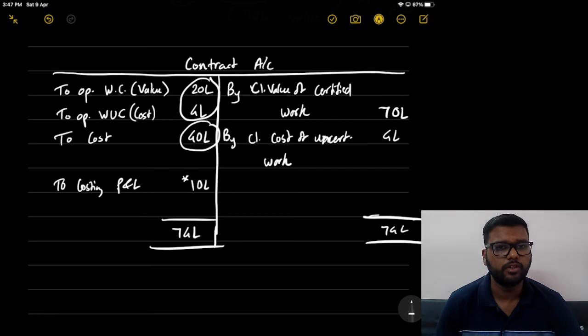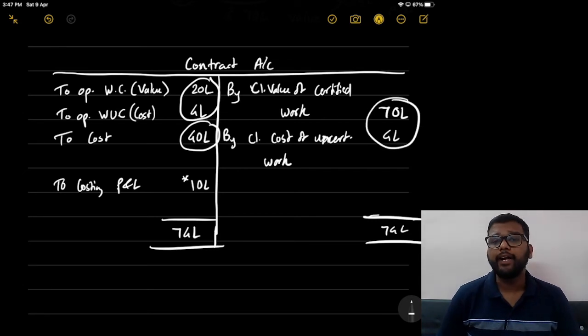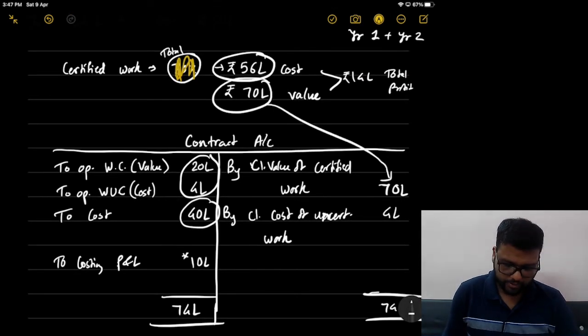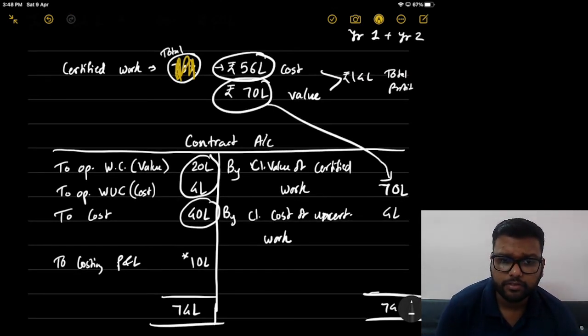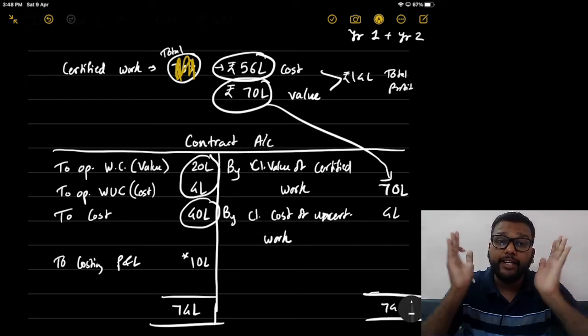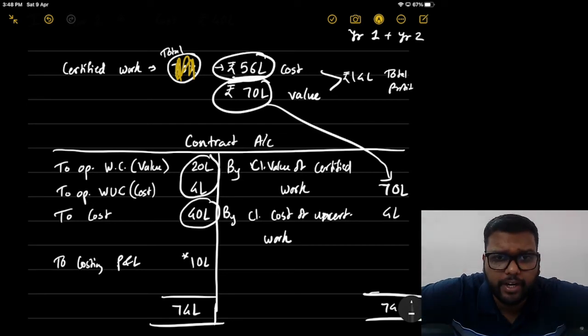Correct? Okay. Then we will write closing balance. Now at year end, 70 lakhs total is certified. Is that correct? Yes, sir. Fine. And at year end, total 56 lakhs cost is of certified work. Is that correct?